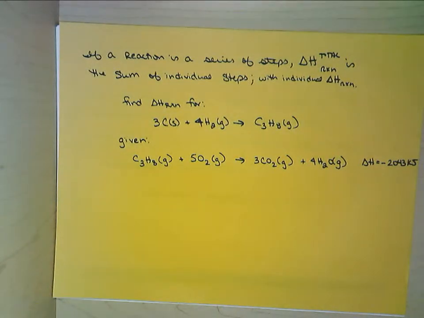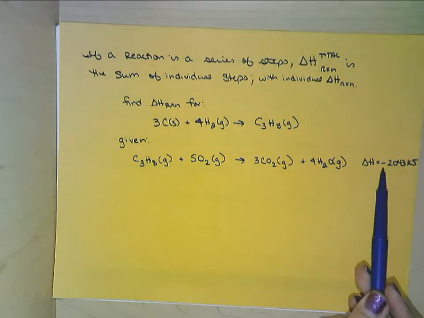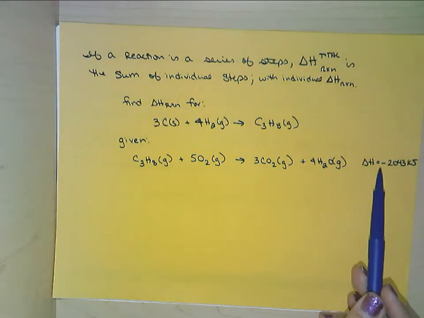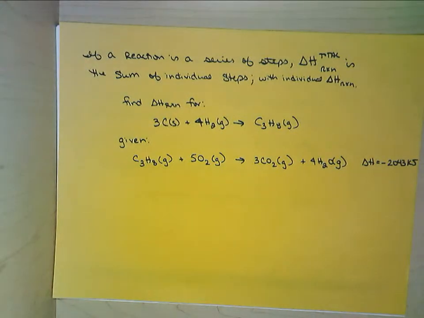I know that if I add propane and oxygen, I can get carbon dioxide and water. And what is that negative sign telling me about the delta H? Which way is the heat flowing? It's exothermic and it's flowing out to the surroundings. Out to the surroundings. Good.